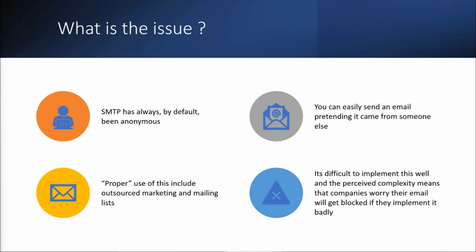There are ways to, but that's a completely different session, going into encrypting emails to specific senders. But by default, all emails are considered unencrypted and anonymous. And this is also why it's quite easy for someone to send an email and pretend that it's coming from somewhere else, and thereby spoof the email.